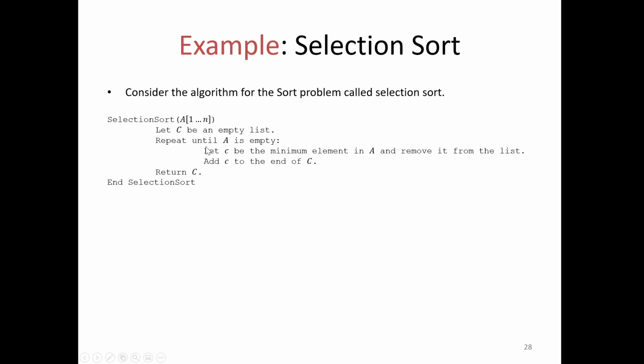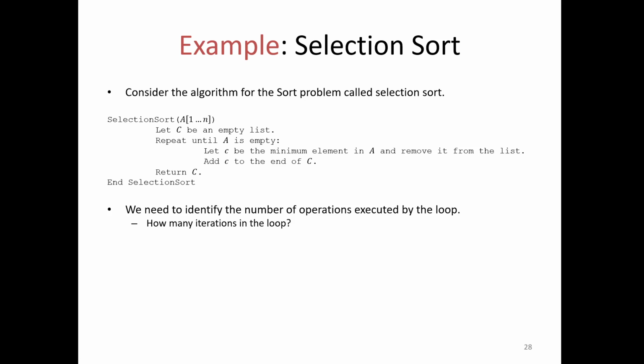And since we're repeating until A is empty, if A has n elements in it, then we should expect that there would be n iterations of this loop. And that's something that again will show up in our analysis, and indeed that's our first question. So we've answered our first question. There will be n iterations.